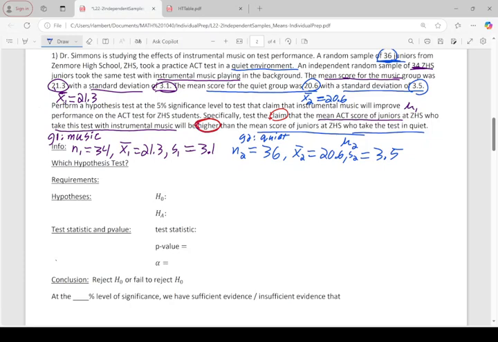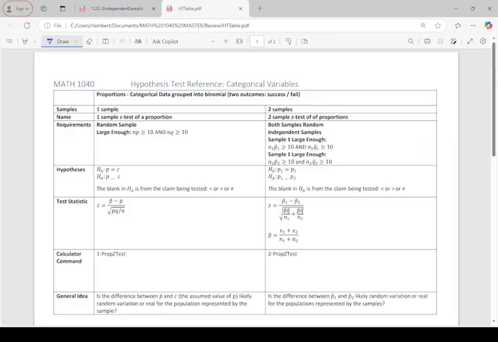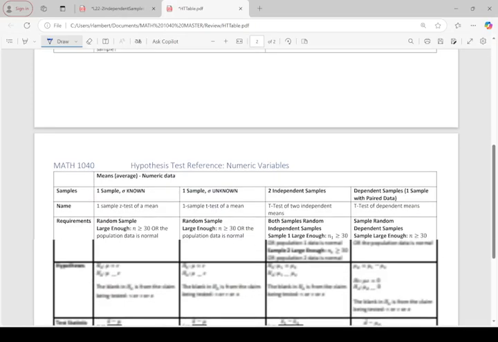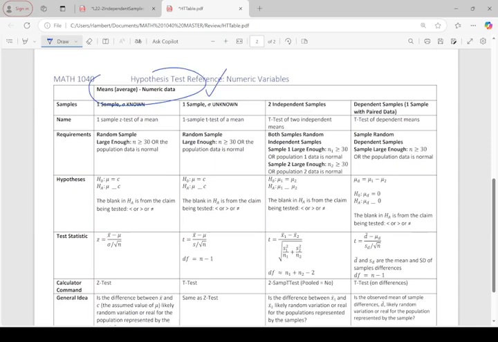Okay, so this is really easy because of what this lesson is about. This is a 2-sample t-test of a mean. But bigger picture, you might refer to your little reference sheet here. This is a flow chart. Are we doing proportions right now? We're not. We're talking about the average or the mean score. So this is where we are today. And do we have 1 sample or 2? We actually have 2 samples.